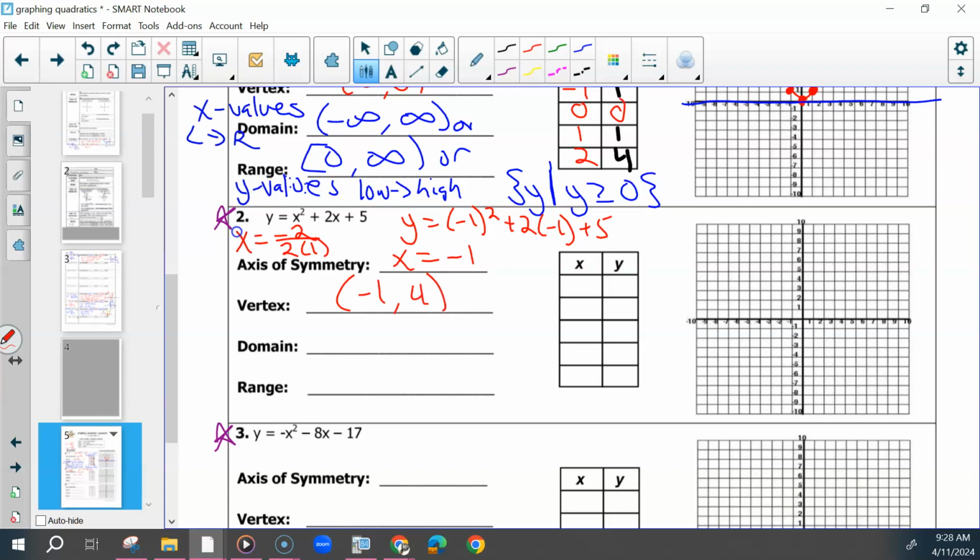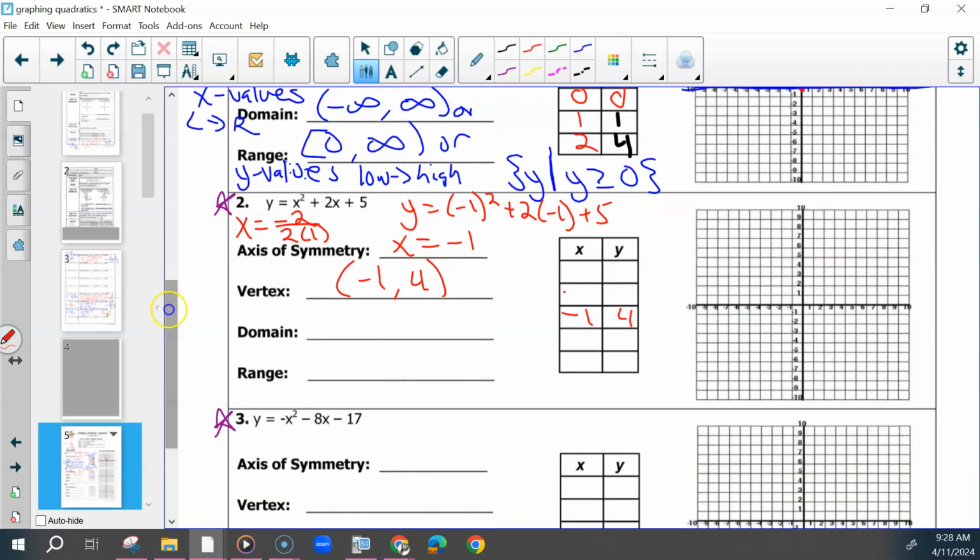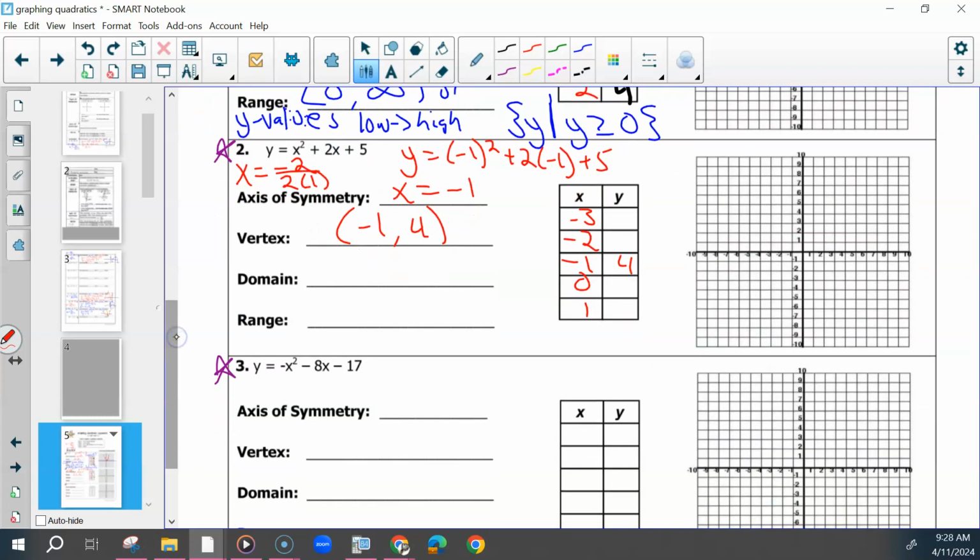Put that point in the middle of your table. Fill out your x's, go backwards 2, forwards 2. And then we're going to put this equation into our y equals.